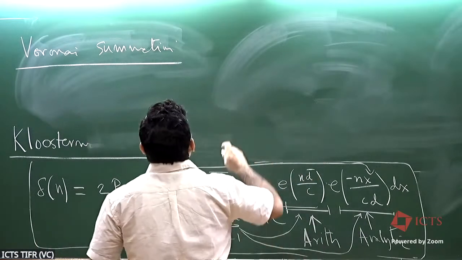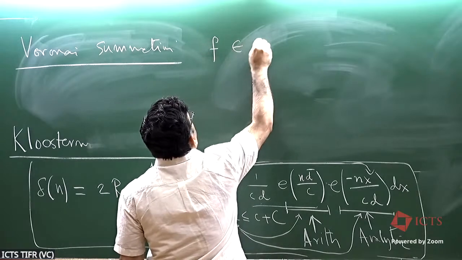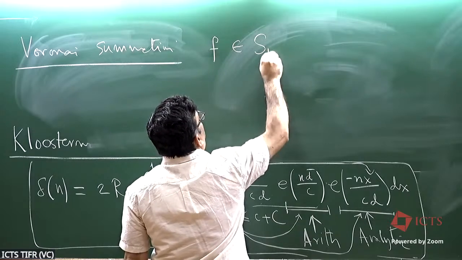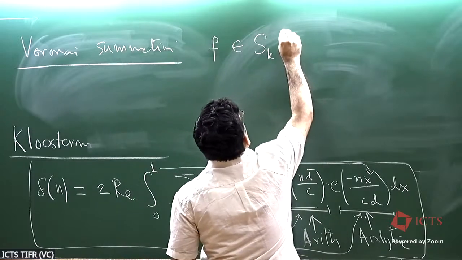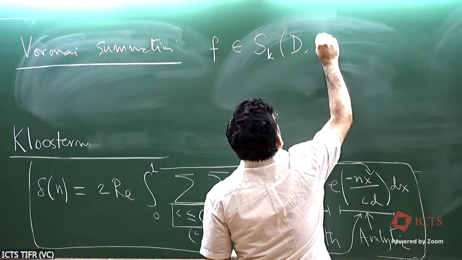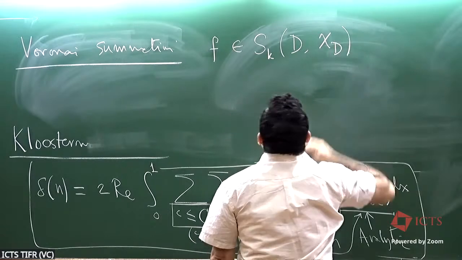So I'll take f to be a modular form, a new form or maybe just a cusp form of weight k, with modulus D, and we'll put a nebentypus chi.